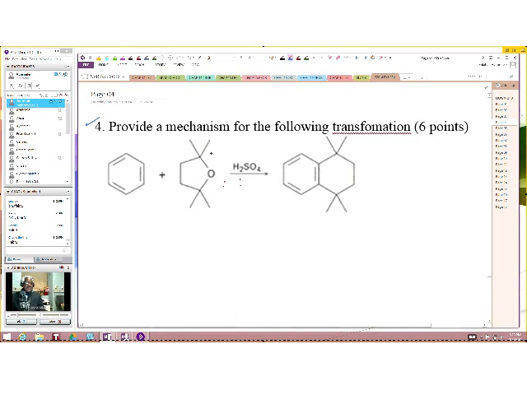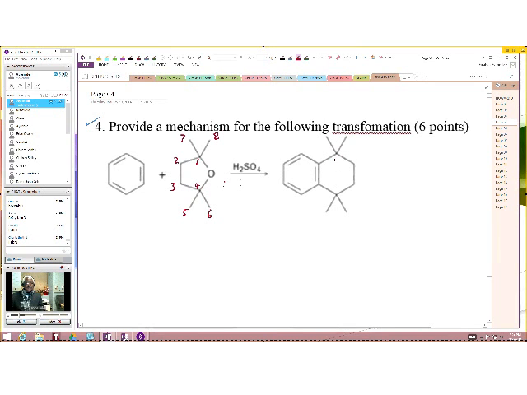Now let us take a look at this. We need to do some analysis here. To help you out, I am going to number this carbon here. Let us say this is carbon 1, carbon 2, carbon 3, carbon 4, carbon 5, carbon 6, carbon 7, and carbon 8.